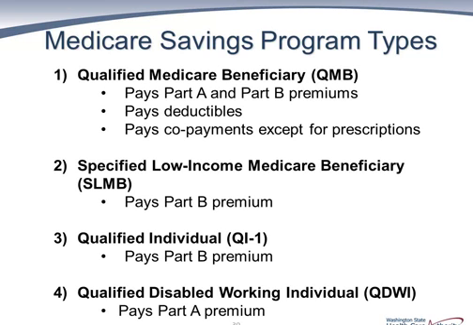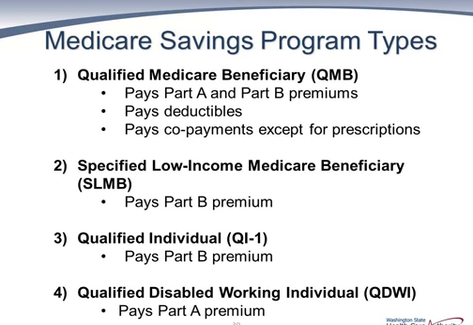We have another group called SLMBs, or the Special Low-Income Medicare Beneficiaries, and for these individuals and for our qualified QI individuals, number 3, we pay their Part B premiums. The difference between these 2 groups is simply the difference in the amount of their countable income.